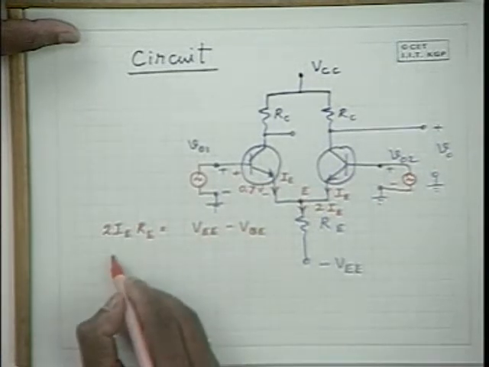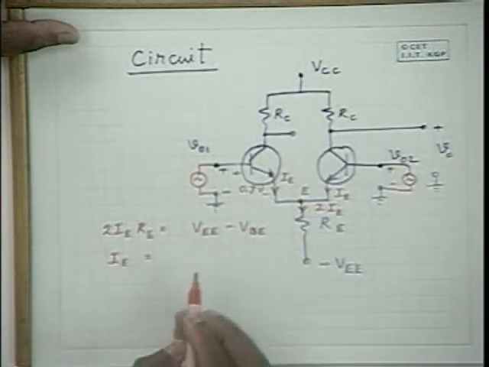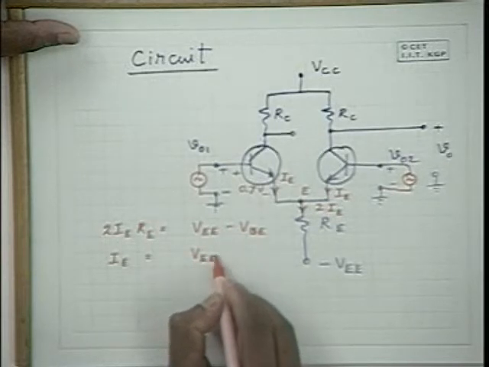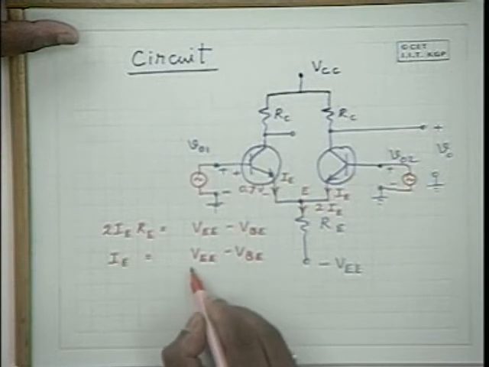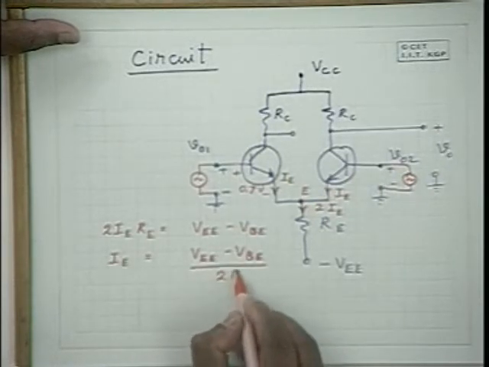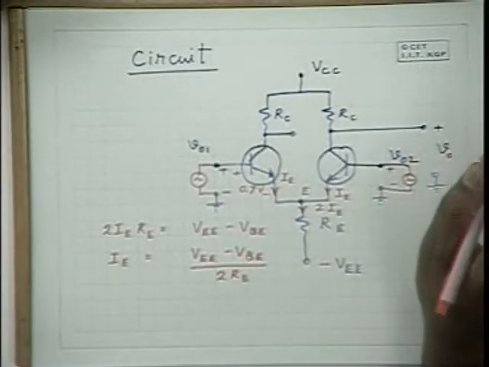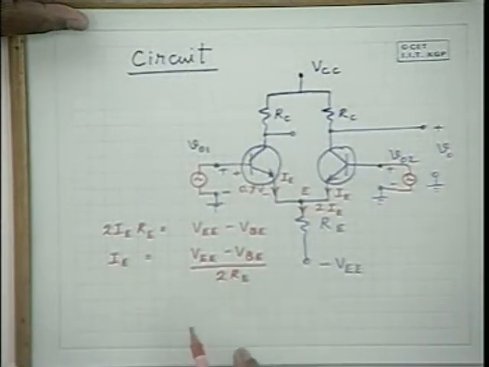Hence the emitter current of each of these transistors is equal to VEE minus VBE, which is of the order of 0.7 volts in the case of a silicon transistor, divided by 2RE. So this is the emitter current that flows into the circuit.